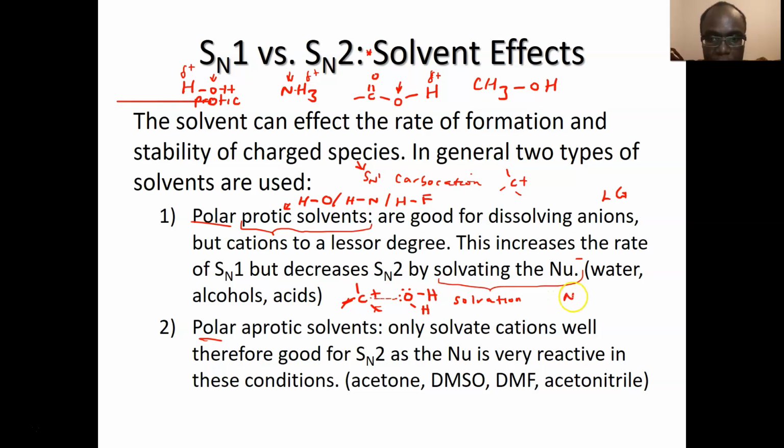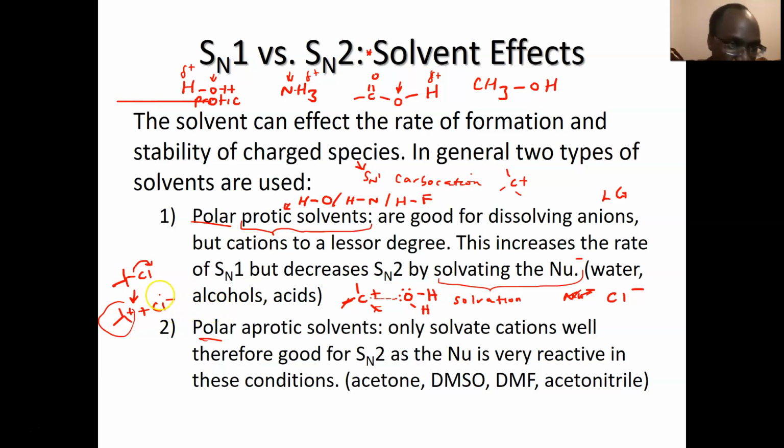At the same time, the protic solvent will trap the leaving group. Let's say Cl fell off out of a molecule like this, and then you got the carbocation plus Cl minus. The carbocation is going to be stabilized by, for example, the water molecule, the alcohol, or the acid, which is a protic solvent.